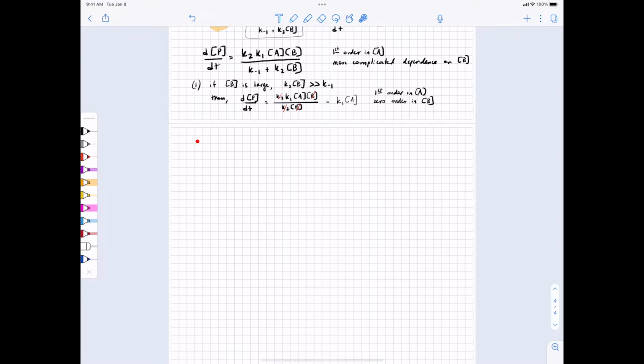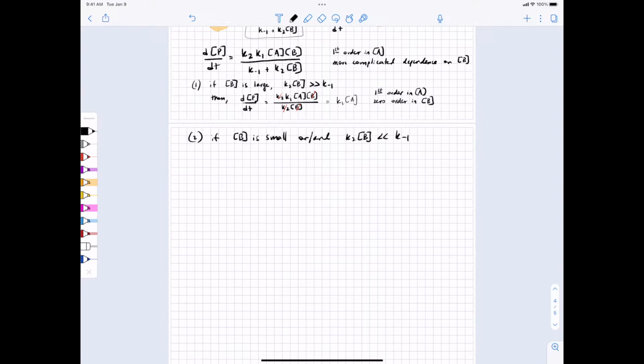Now, we can think of another set of conditions. What if the concentration of B is small, and k2 times B is much less than k-1?